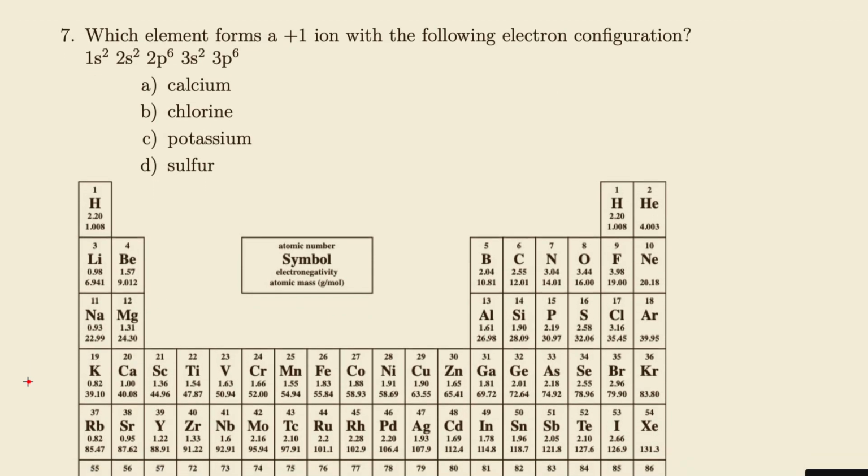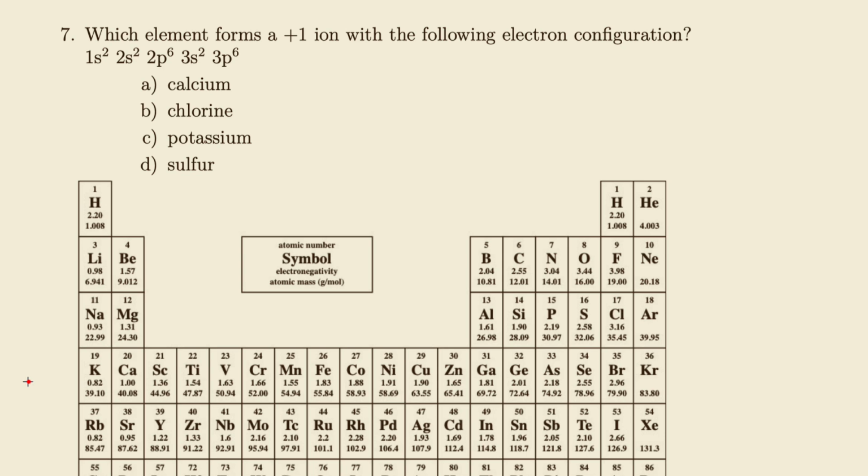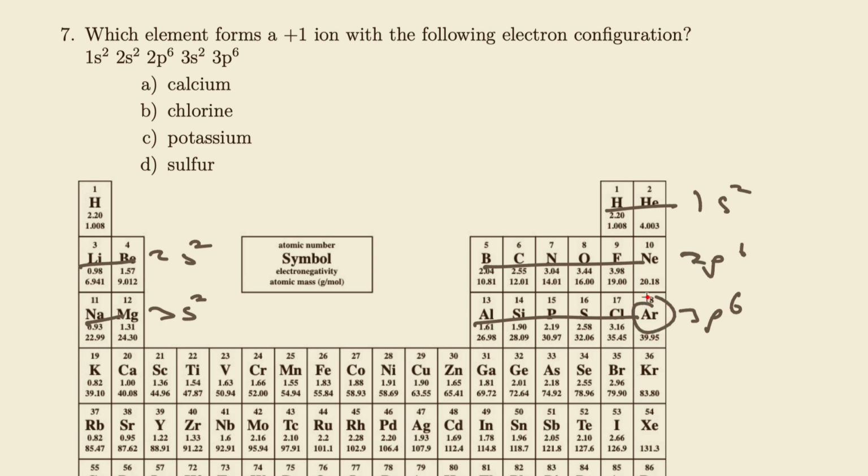Which element forms a +1 ion with the following electron configuration? 1s2, 2s2, 2p6, 3s2, 3p6. So we're talking about the electron configuration of argon.